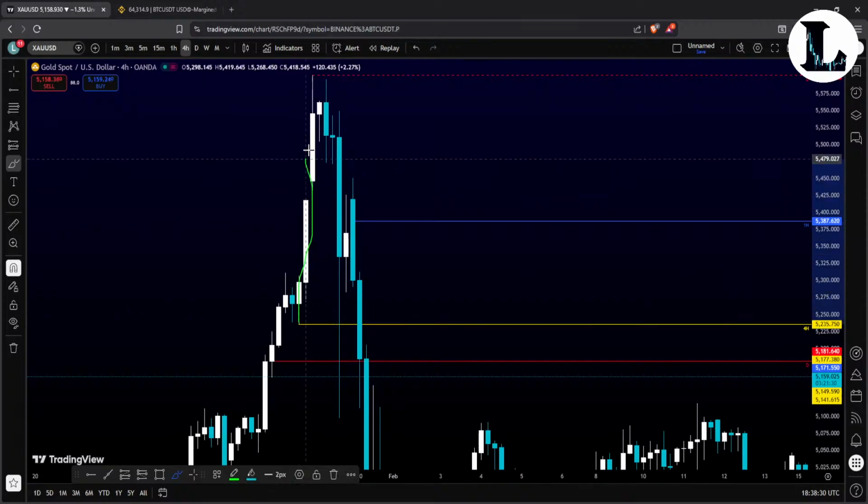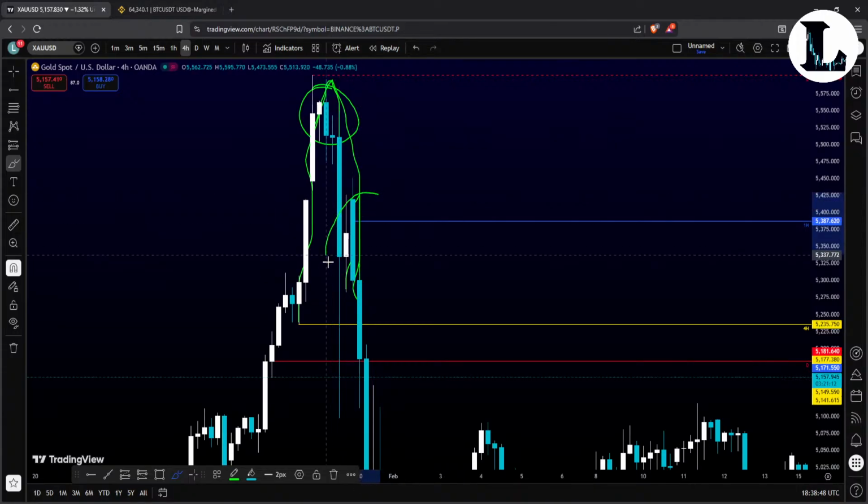So we have a big valley here, a big peak, sorry, and inside this peak we have a peak here created with this 4-hour candle, and another one, a peak here. This is the greediest side, and this is the front one, and this is the back side.